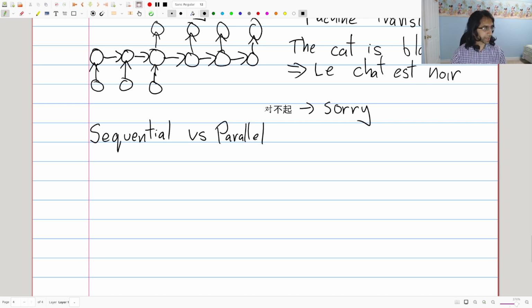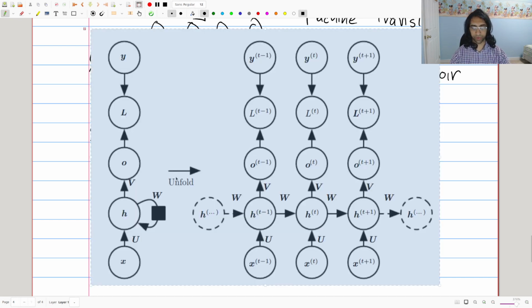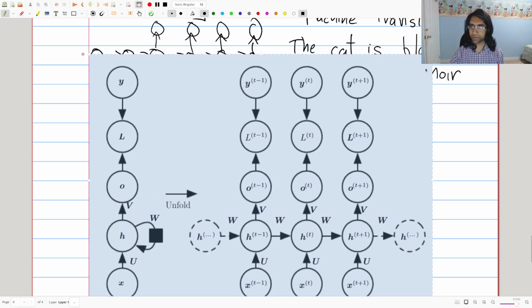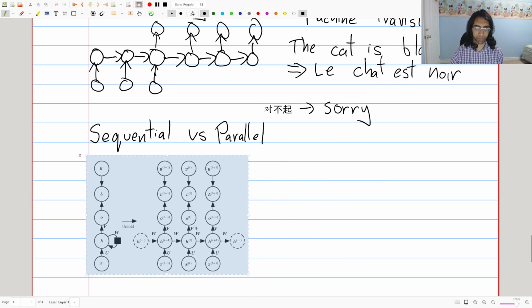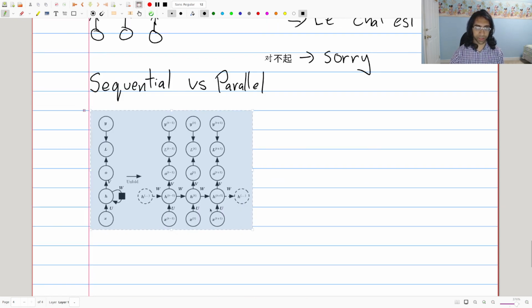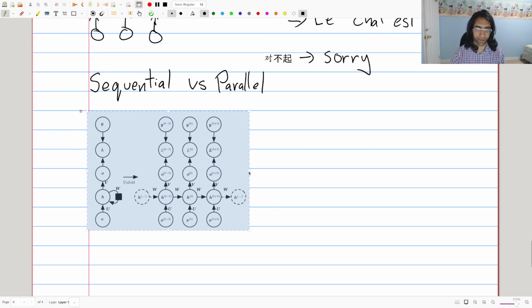So let me bring in essentially just a copy of whatever I've shown you before. This is just a figure from the Deep Learning book. It's pretty much the same as what I drew above, except with a few small notation differences, nothing too big a deal. But you can see that this is essentially what I had before.